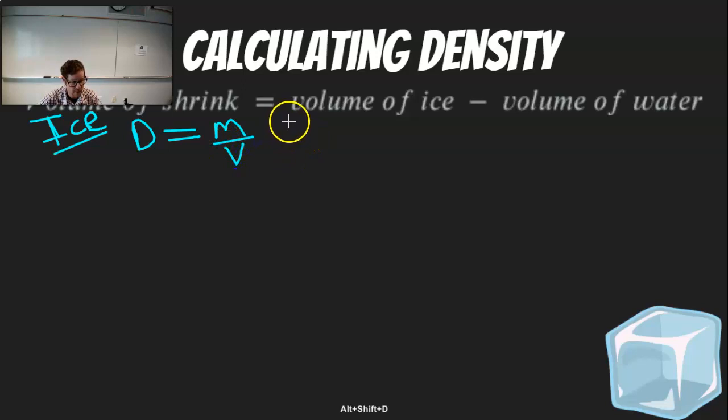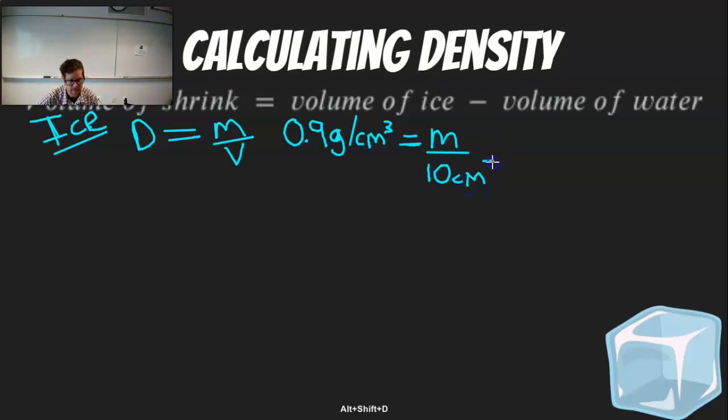And our density was given to us as 0.9 grams per cubic centimeter. And our mass was not given to us, although we know that the mass should be the same due to conservation of mass. And the volume was given to us as 10 cubic centimeters.